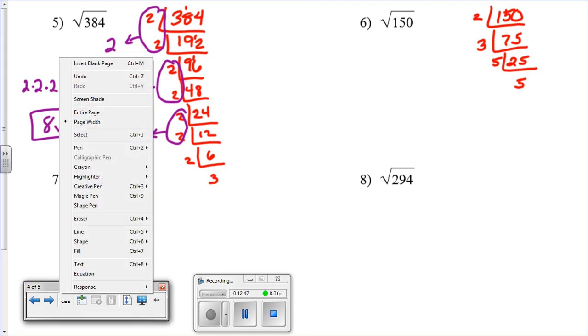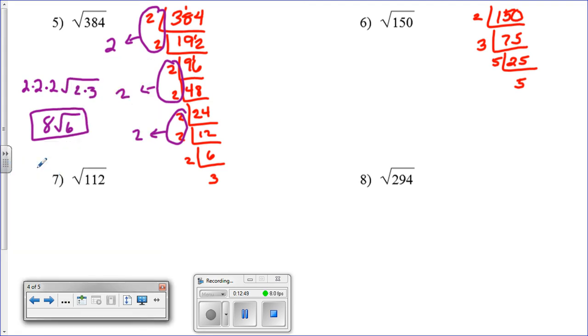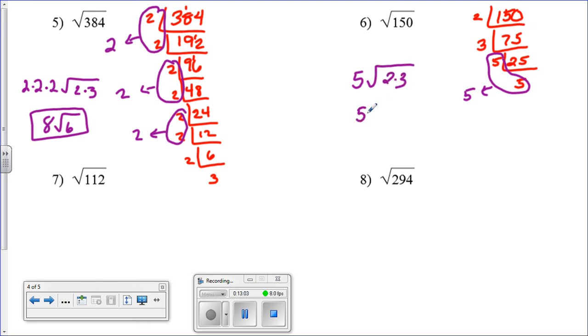Okay, to go free, you have to have a partner. No partner for the 2, no partner for the 3, but the 5s. So one of those 5s can go free. So it ends up being 5, and still in jail would be the 2 and the 3. So this would be 5 radical 6.